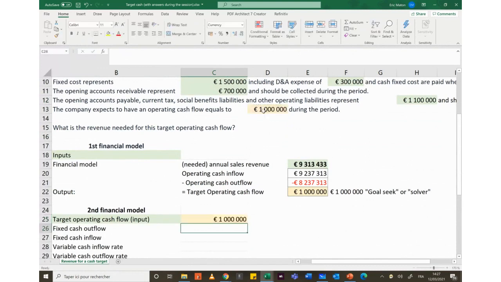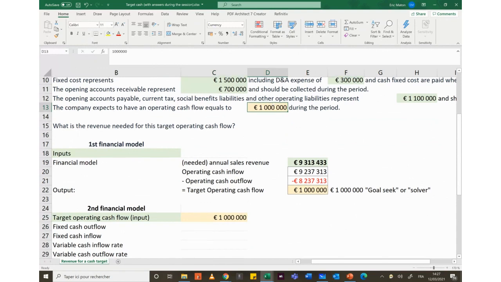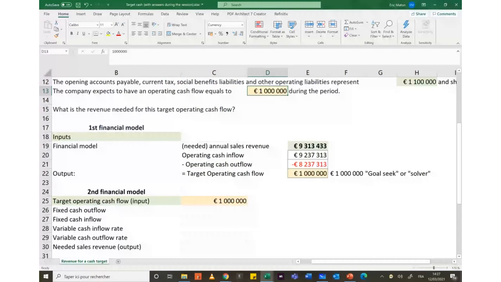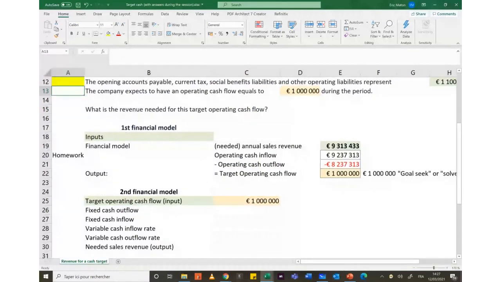But what you will change is here, okay? The value you have here. So now this 1 million is an input. So here I can precise input in the second model, financial model.